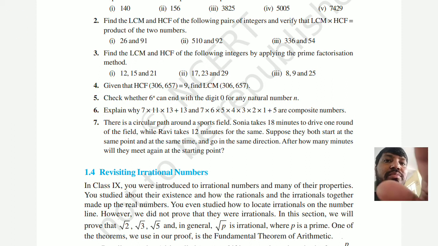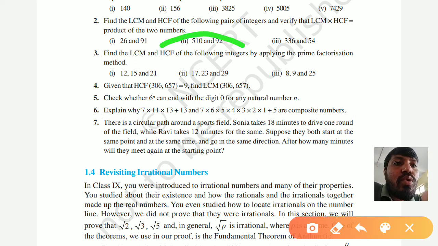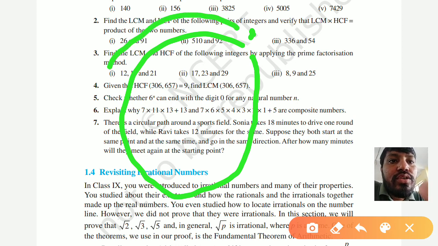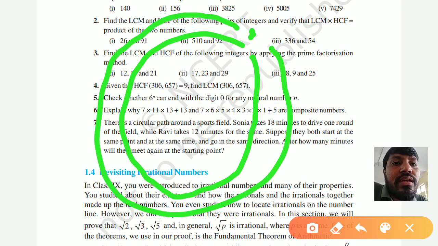So when will they meet again? Normally, suppose Sonia is taking 18 minutes. They have started from here, and to reach here she has taken 18 minutes. And Ravi is faster. He takes a round in 12 minutes, so he reached here in 12 minutes only. When he reached here, Sonia may be here, so both the places may be different.